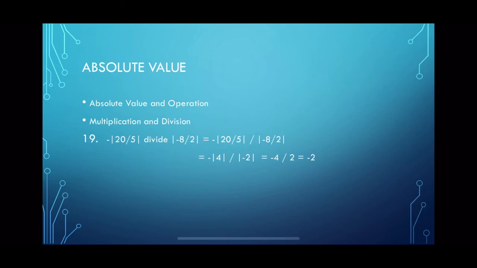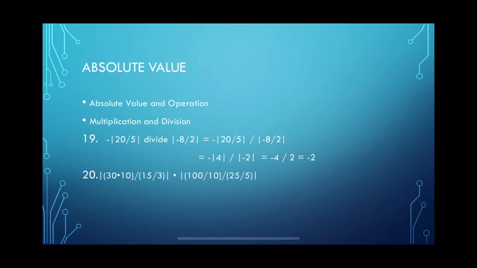And then negative 8 divided by 2 is equal to negative 2. And now, to get the negative absolute value of 4, we have negative 4, as the absolute value of 4 is 4 and having the negative sign outside the absolute value sign. So the answer is negative 4. And the absolute value of negative 2 is positive 2. So therefore, we have negative 4 divided by 2 is equal to negative 2.